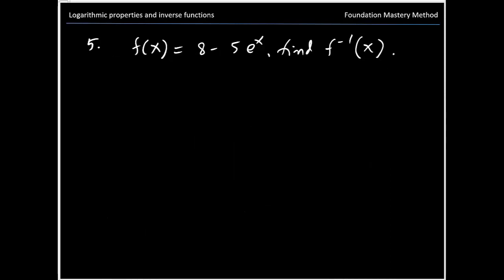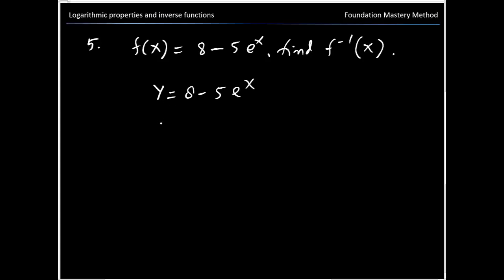In this example, we are given an exponential function, 8 minus 5 e to the x. We need to find the inverse of the function. Many of you already know from pre-calculus or algebra, there are a few steps to find the inverse. First we write y equals 8 minus 5 e to the x, whatever is given.